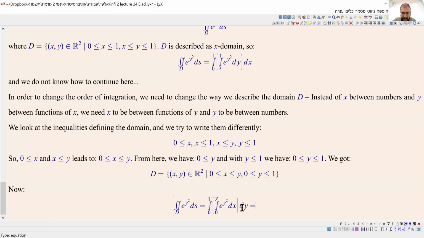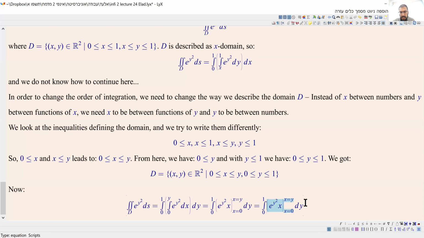Now the integral by x is like a constant, so we multiply it by x, and we put the limits where x is 0 and x is y. For 0, it is 0.